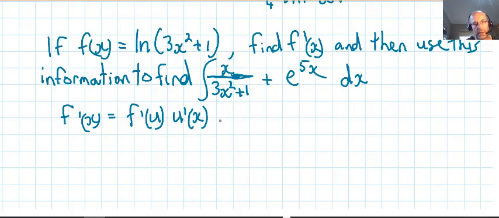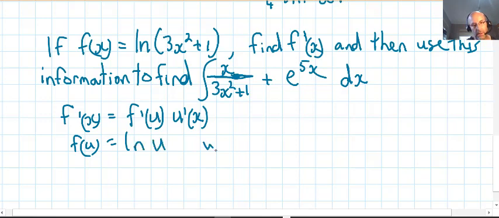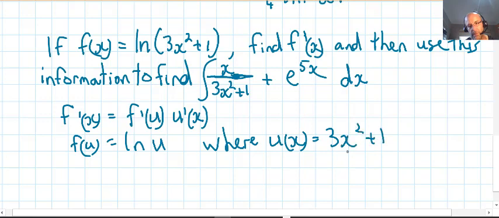So we need to identify f of u, so we make the u substitution. So f of u would be log of u, where the u substitution, u of x, would be what's inside the brackets there, 3x squared plus 1. While I'm over there, I'll just go u dash of x, and that's 6x.